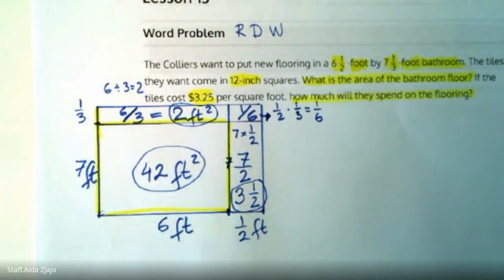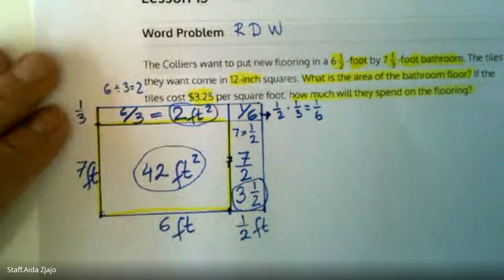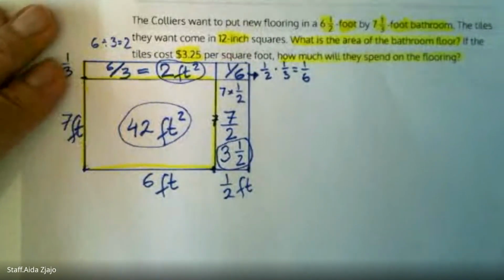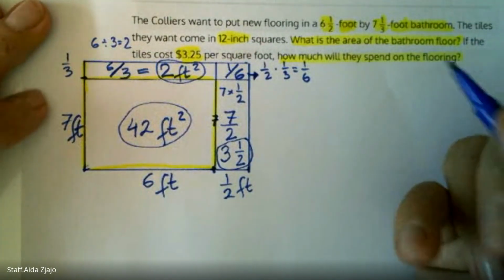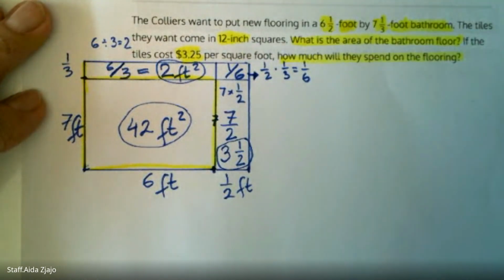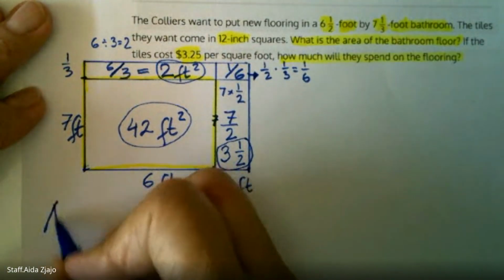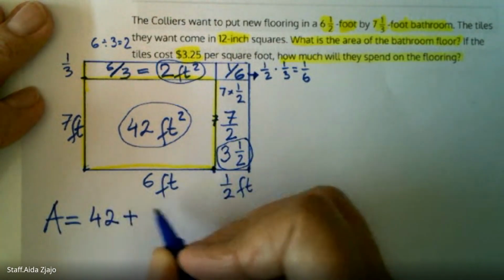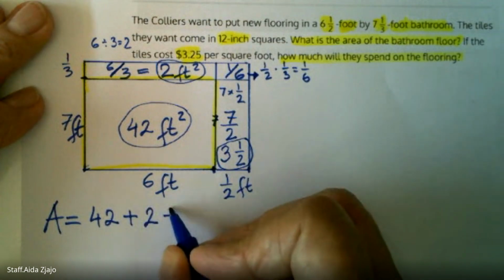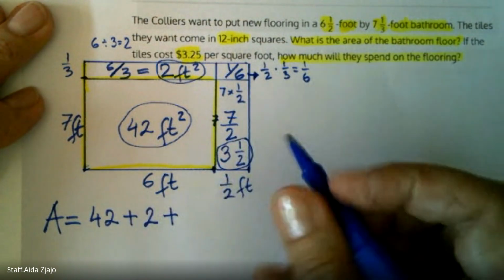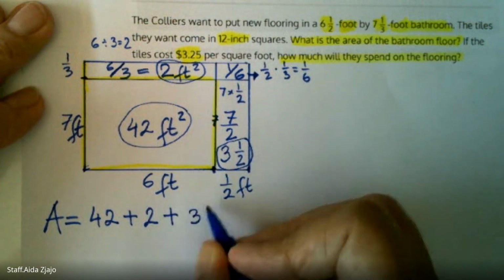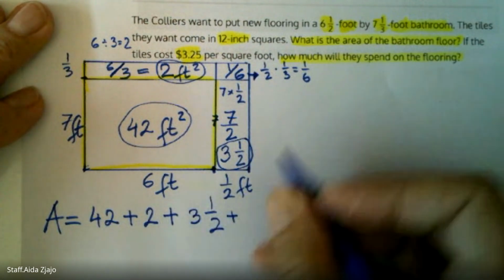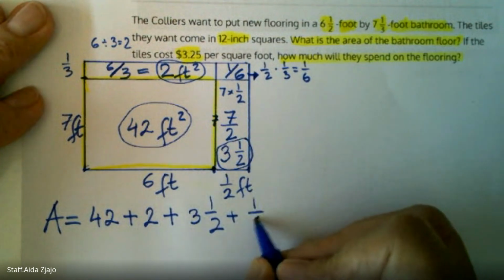If I combine all of this together, I get the area of that bathroom floor. So area equals 42 plus 2 plus 3.5, and then plus 1/6.